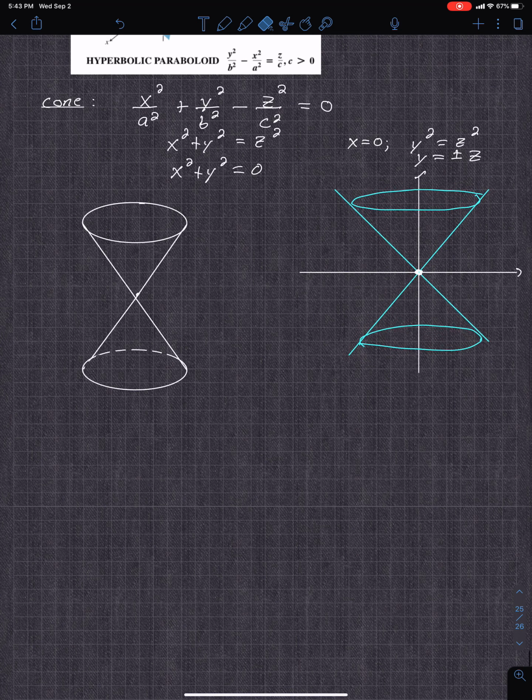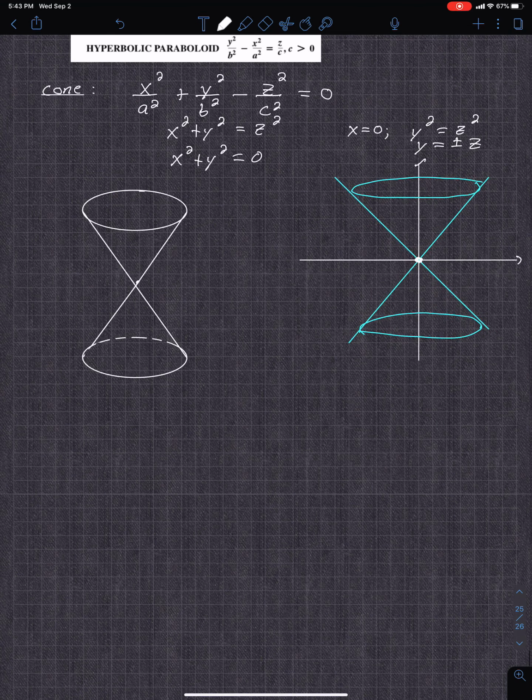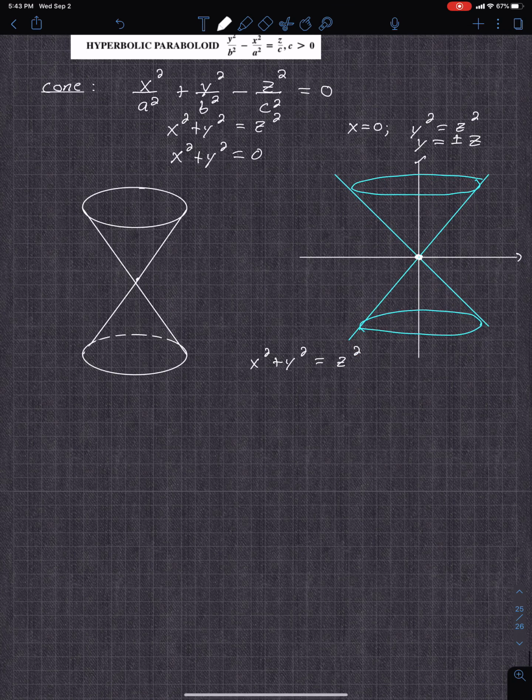All right, one thing I want to show you on this one: if you solve for z, and this comes up a little more later, but I'm just going to show you. If you have x squared plus y squared equal to z squared, and you solve for z, you're going to get plus or minus the square root of x squared plus y squared.